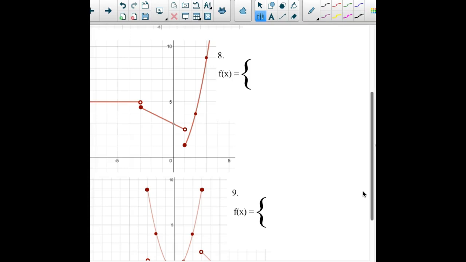Let's start on the left. Horizontal line at 5. Okay, so y equals 5 if x is what? This is -3 here. So if we are less than -3, we get that horizontal chunk. Okay. How about in between? We're in between -3 and 1.